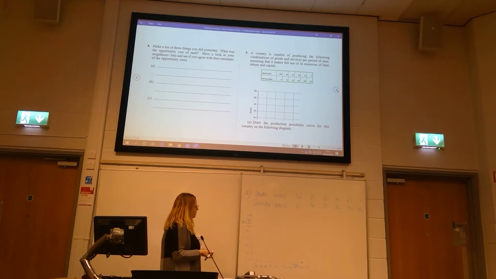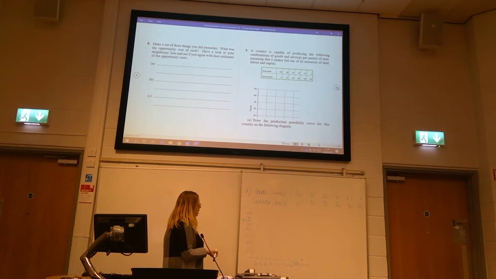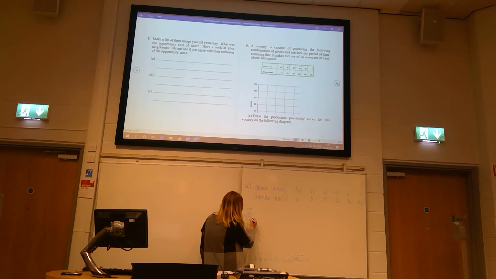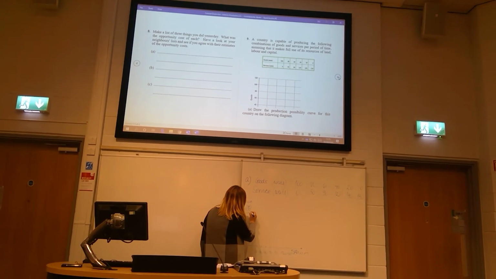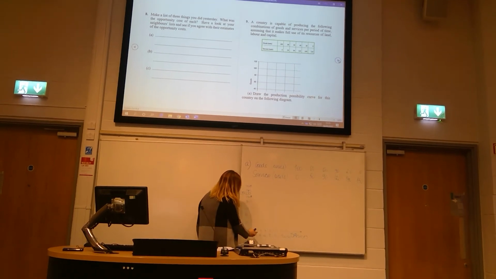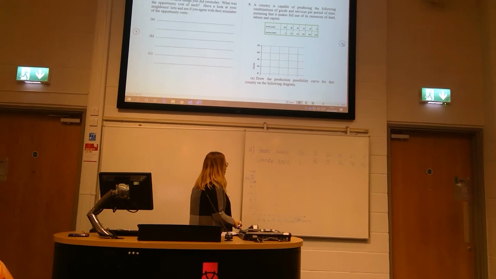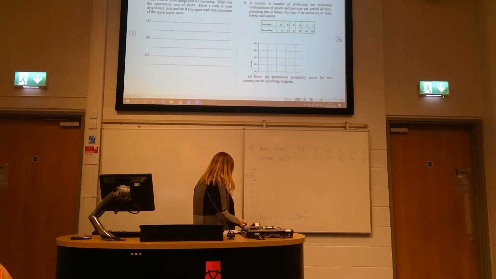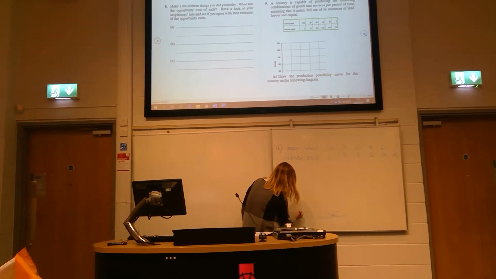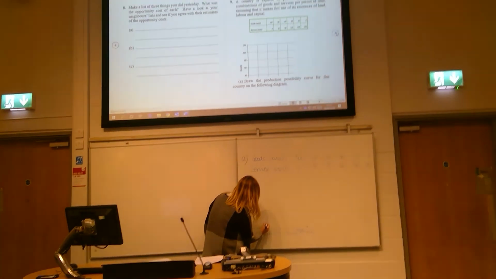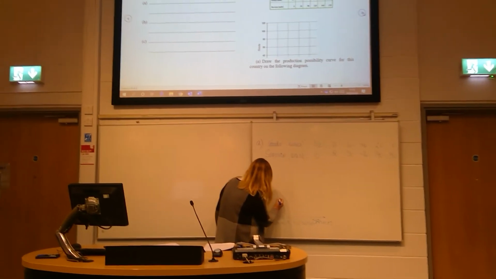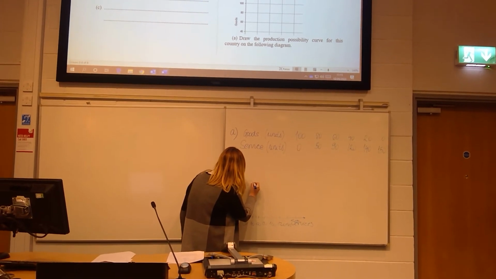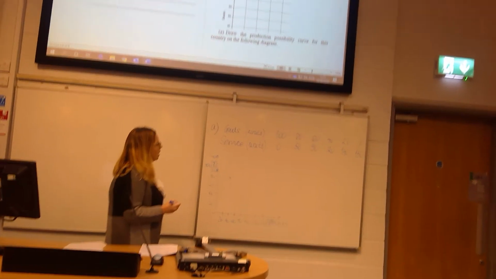So if the economy is producing 100 goods, it produces 0 services. So we are having a point here, so it's 100 goods, 0 services. If the economy is producing 80 goods, it can produce 50 services. So we have 50 on x-axis and 80 on y-axis. So we have a point here.